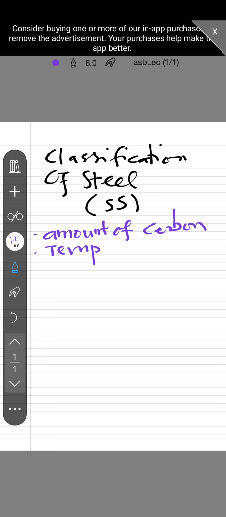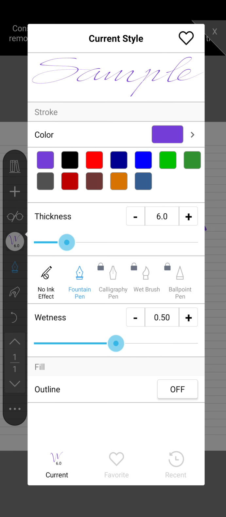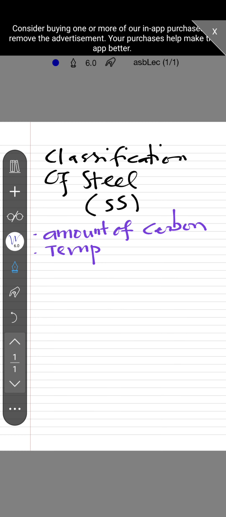Based upon the amount of carbon, you can classify steel into mainly three types: A, B, and C.